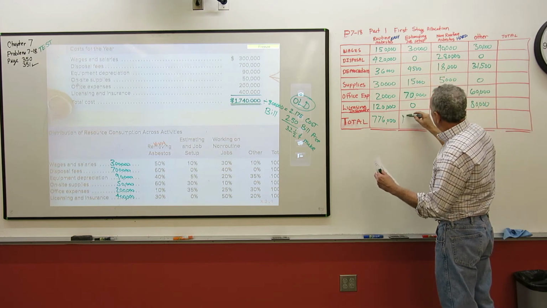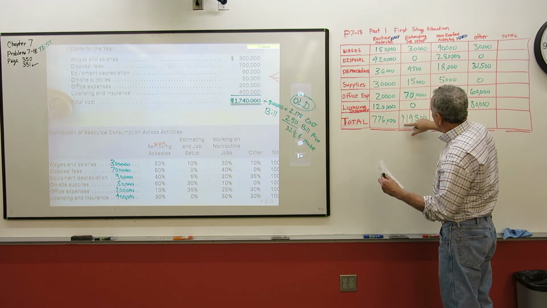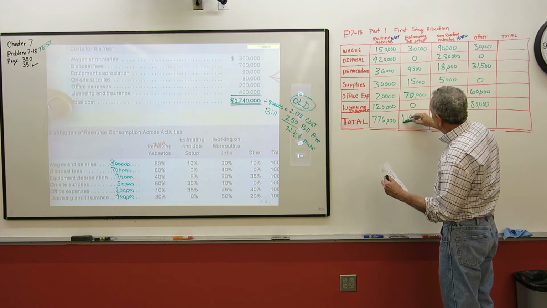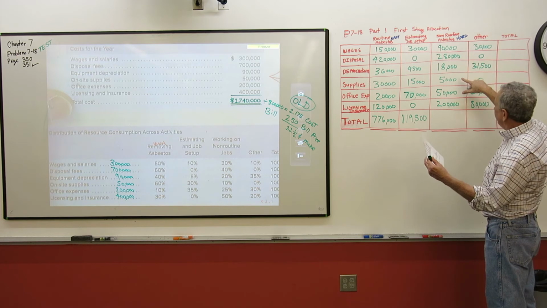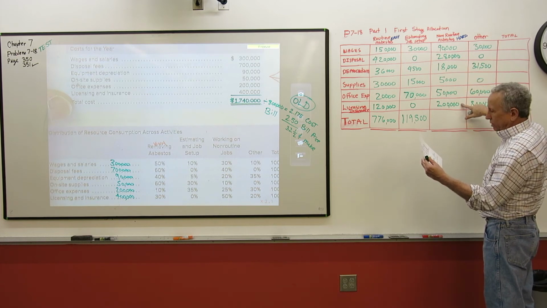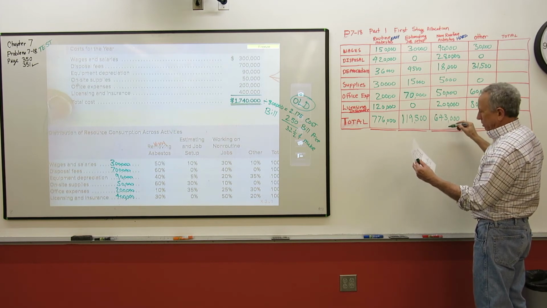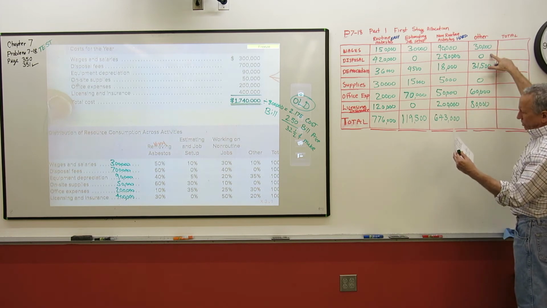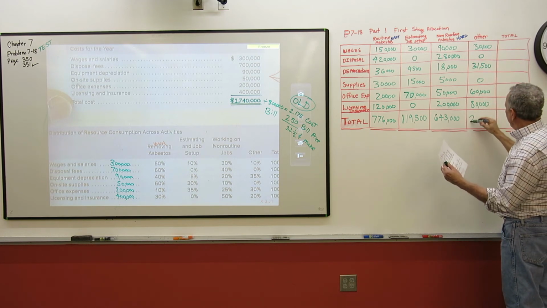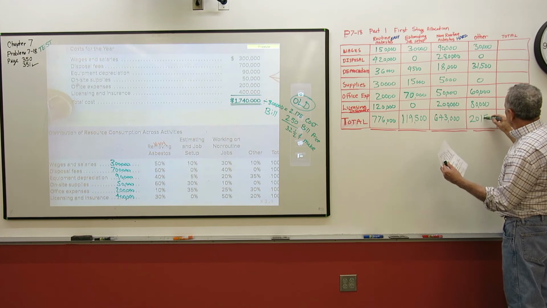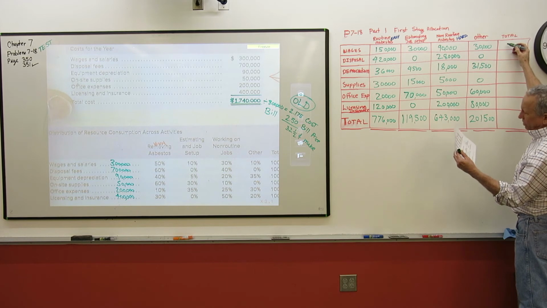This is going to be 119,500. 90, 280, 18, 5, 50, 200. That's going to be 643,000. And 30, 0, 31.5, 0, 60, 80, 201,500.